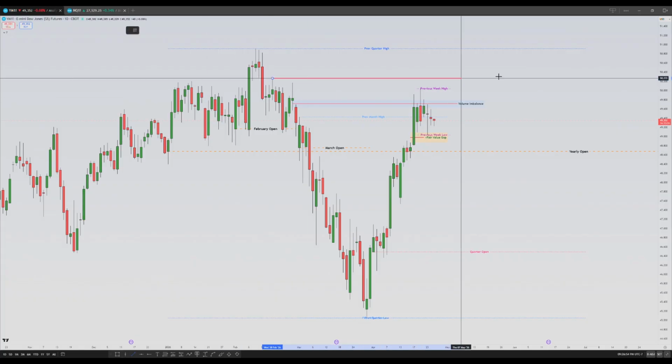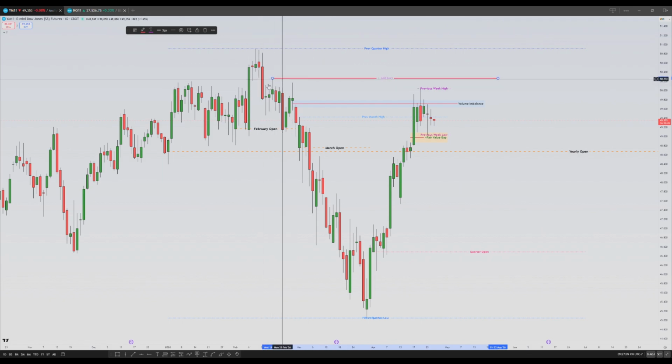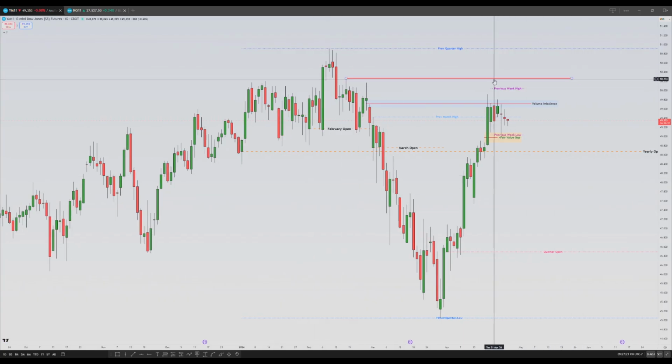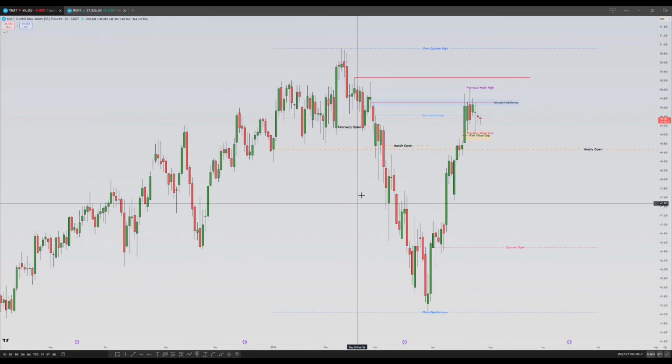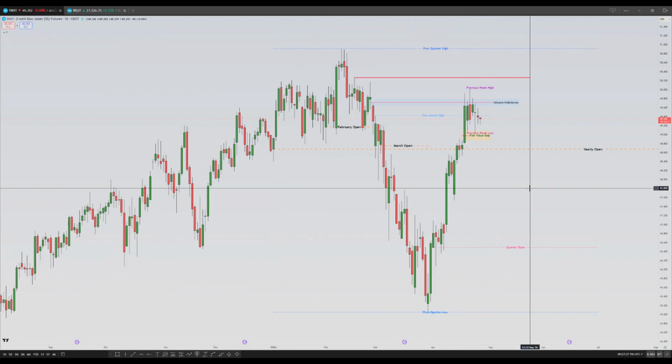Now I will be particularly interested to see what happens when price trades to this red area, this red line, as this is a short-term buy-side liquidity area, the last area of buy-side to be taken in the market before price reaches its all-time high once more. And depending on what happens here could be telling us whether we can be fairly confident in the bullish run that is currently happening in the other two indexes.